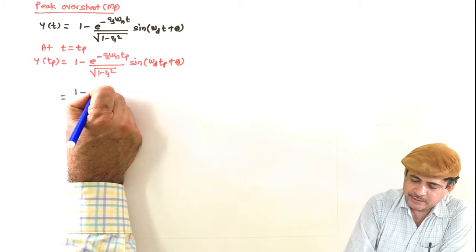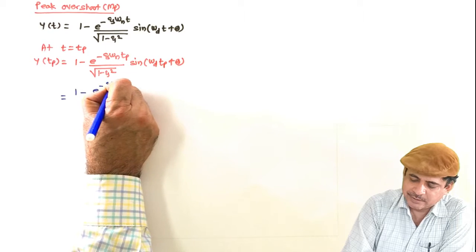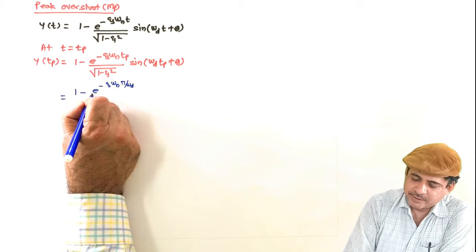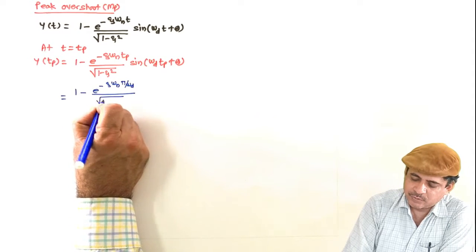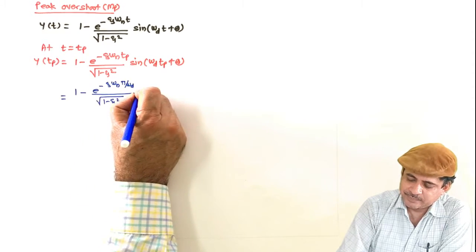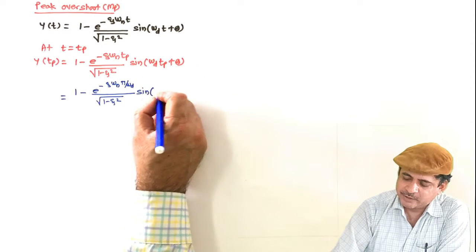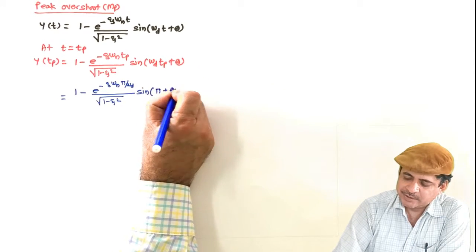So it is 1 minus e raised to minus zeta omega n pi by omega d divided by under root 1 minus zeta square into sin omega d into pi by omega d, so pi plus theta.